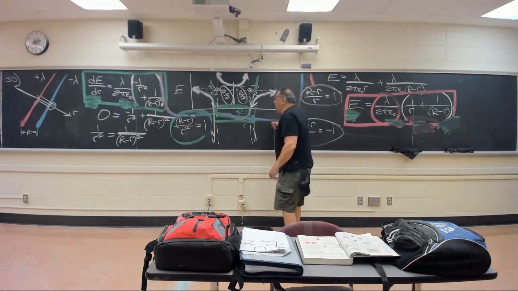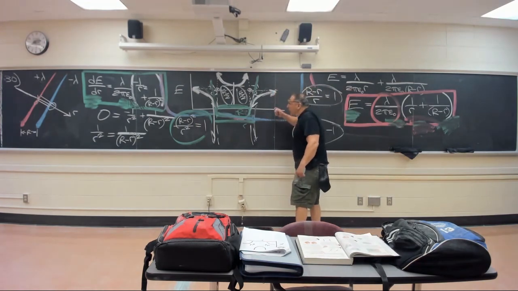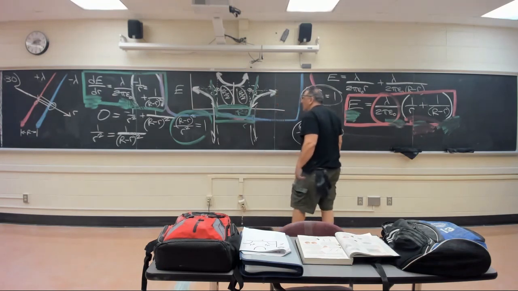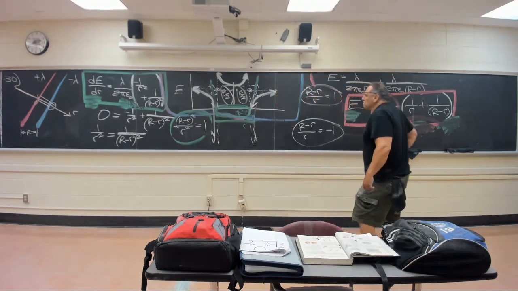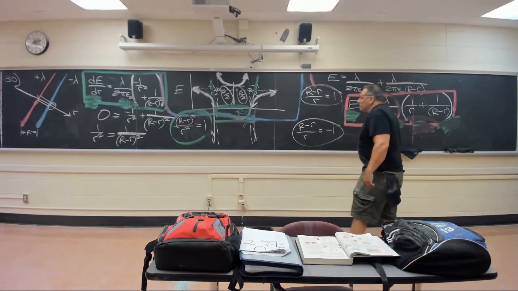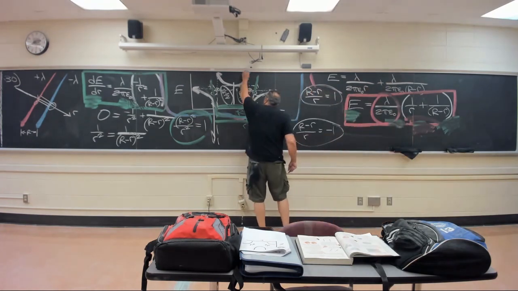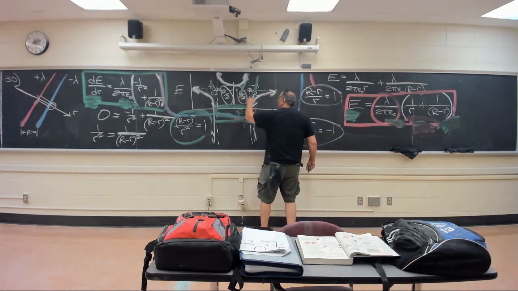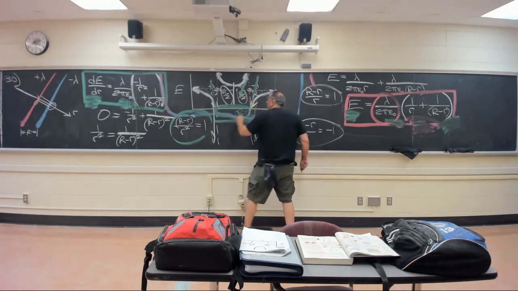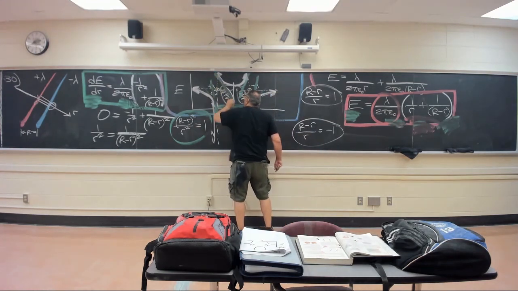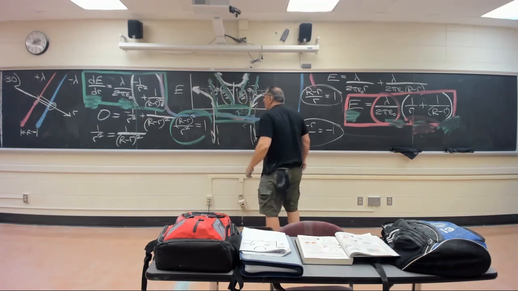As you go from big numbers to small numbers, it's a positive slope. This one also is a positive slope, just like this one is. And this one is a negative slope, just like that one is.